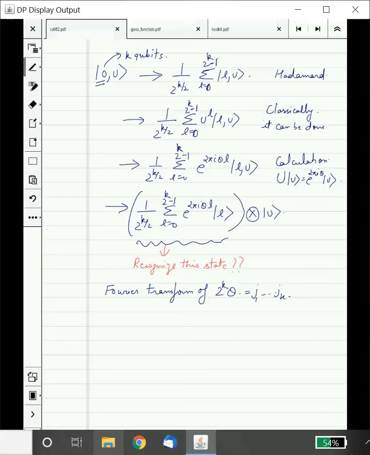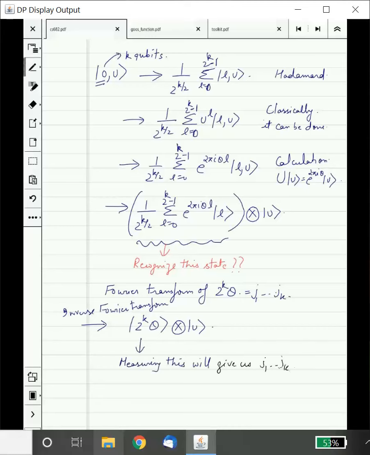So now what will we do? We will apply inverse Fourier transform. And measuring this will give us the answer. At this point, you might have a question. What do you mean by inverse Fourier transform? We already saw how to apply Fourier transform.